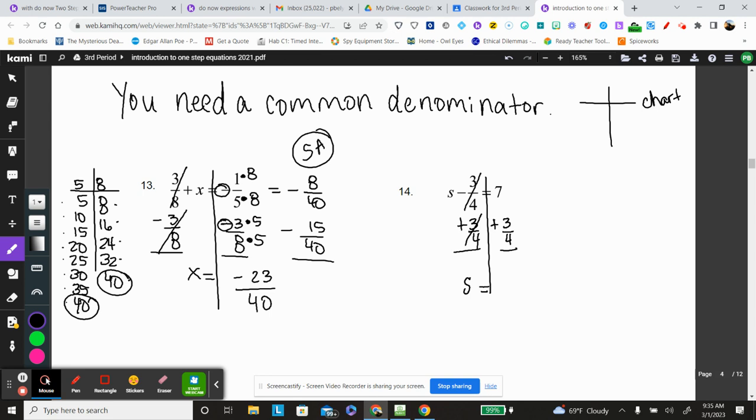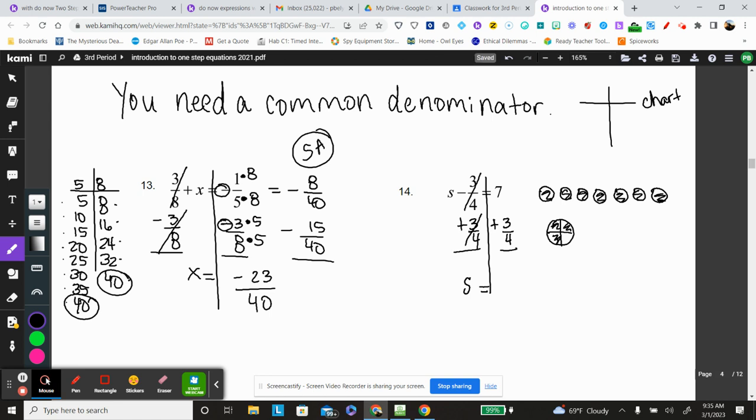You said 7 plus 3/4. You have 7 wholes, 1, 2, 3, 4, 5, 6, 7, you have all 7 of them. And then here you only have 3 out of 4. So what's all of that plus 3 out of 4?